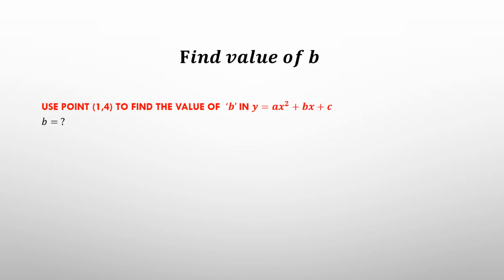Find the value of b. Use the point (1, 4). So 1 is x, 4 is y. To find the value of b in y equals ax squared plus bx plus c, we know the value of a is 4, and we know the value of c is 0.